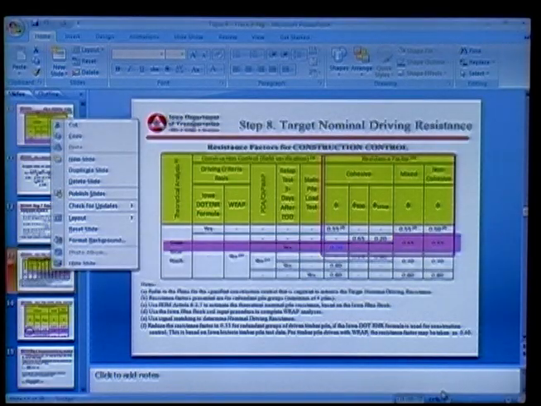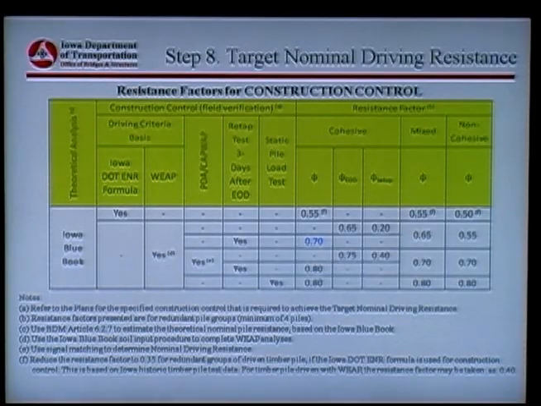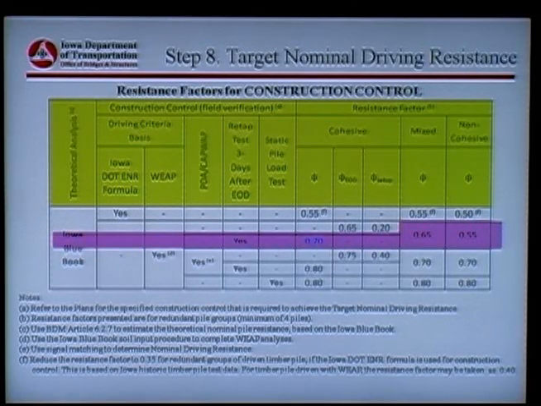So let's continue. All right, we have WIP as our construction control. Now you see that there's a yes here under the retap 3 days after end of driving. So we say that the resistance factors should be 0.7 if it's cohesive materials, 0.65 for mixed, and 0.55 for non-cohesive.